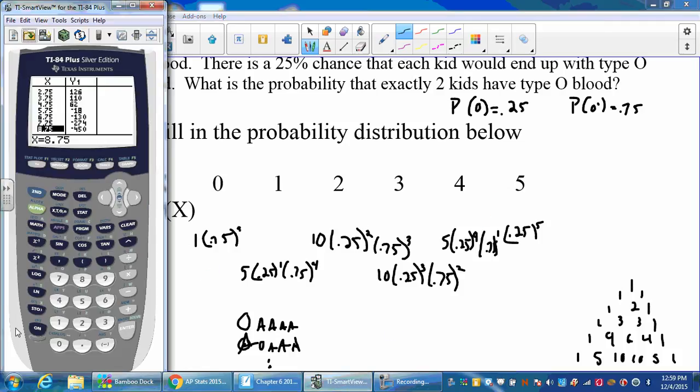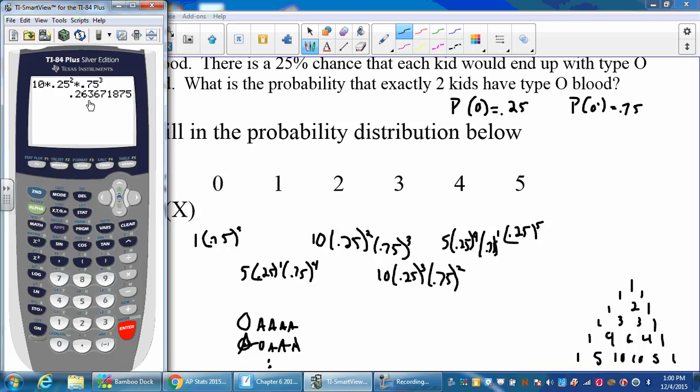I'll do the one that they tell us to do here. They said, let's find the probability of exactly 2 kids. That's this one. So that would be 10 times 0.25 to the 2nd, times 0.75 to the 3rd.